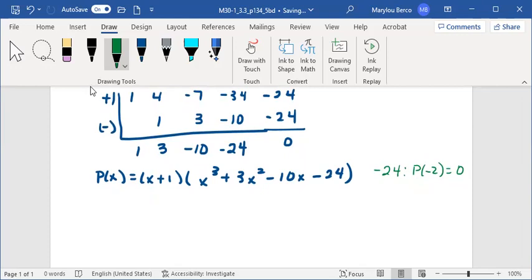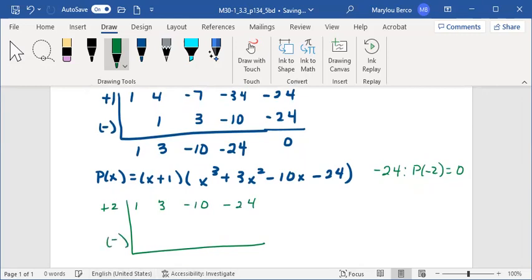We repeat synthetic division. So we have negative 2, and I have 1, 3, negative 10, negative 24.